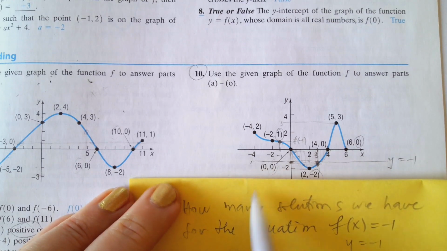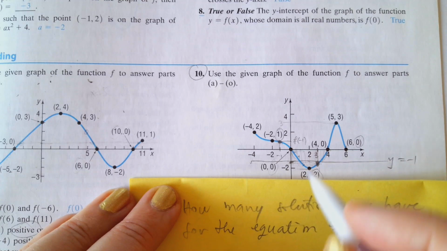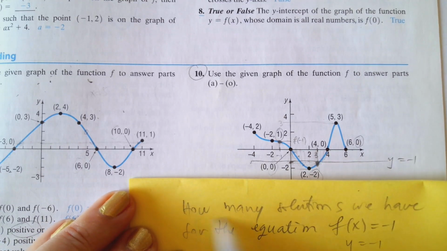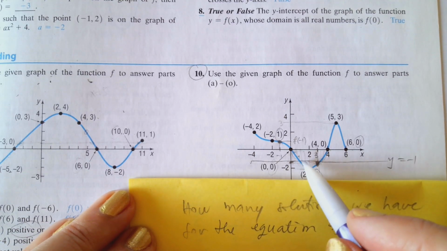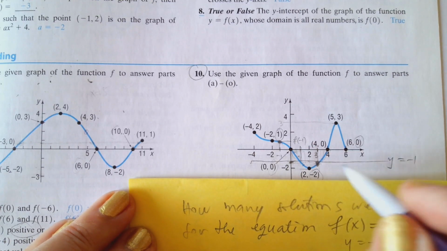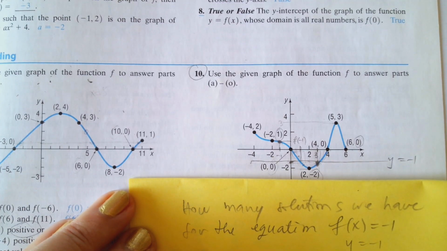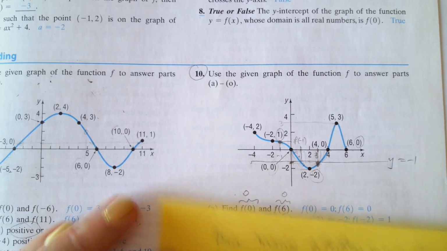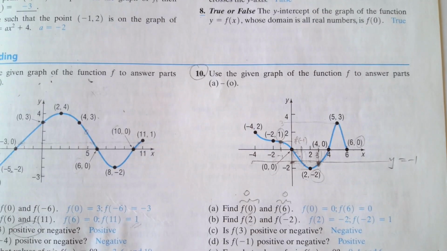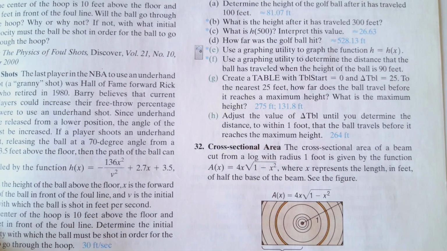So this means the same question as this one. How many intersection points do I have? I have 2 of them. There is an x corresponding to y equals -1 here, I don't know what that is, and another one here. I cannot read them exactly, but I can see that I have 2 solutions. Okay, so we talked about that.